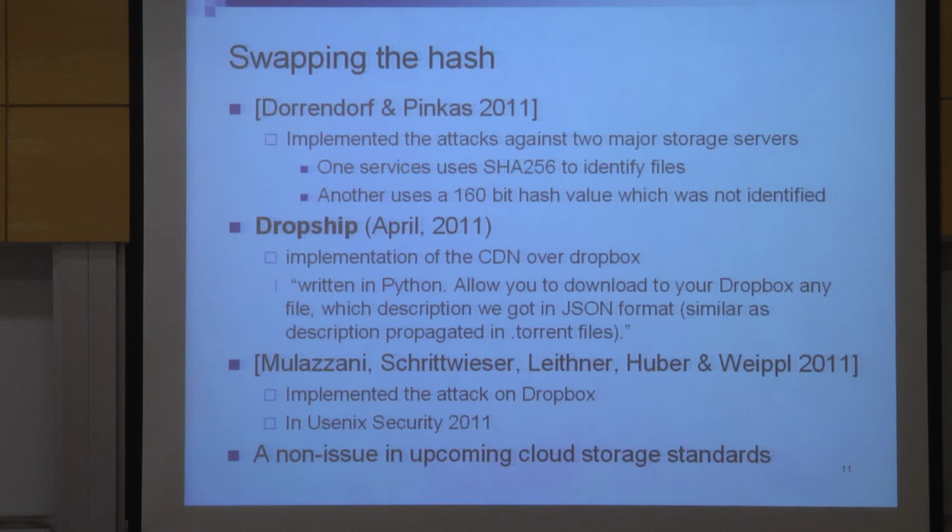One last word on the whole story is that Dropbox has actually, because of all these attacks, this Dropship, the two or three papers that came out, decided eventually to stop doing client-side deduplication altogether. It was really bad for their PR. So solely based on client-side deduplication attacks.